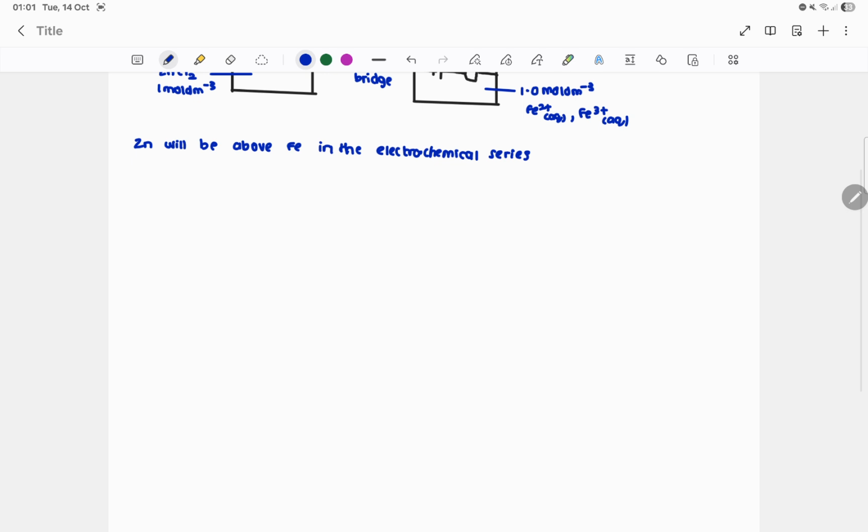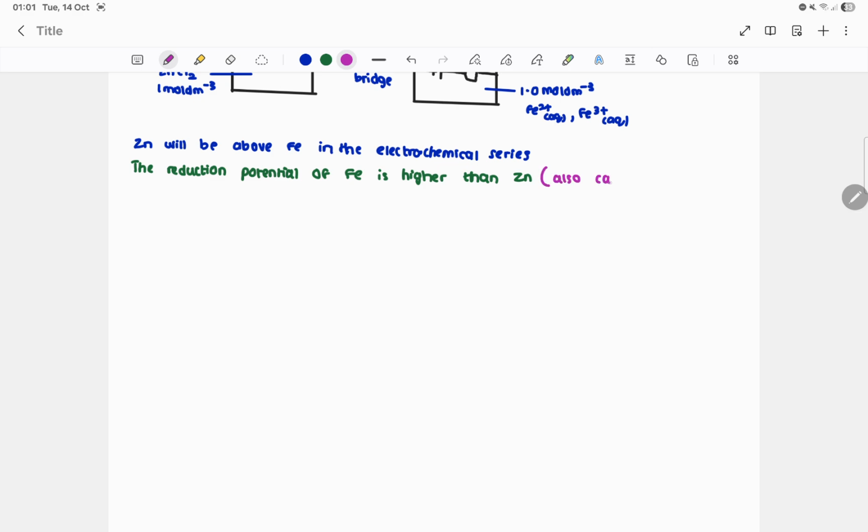That means the reduction potential of Fe is higher than zinc.